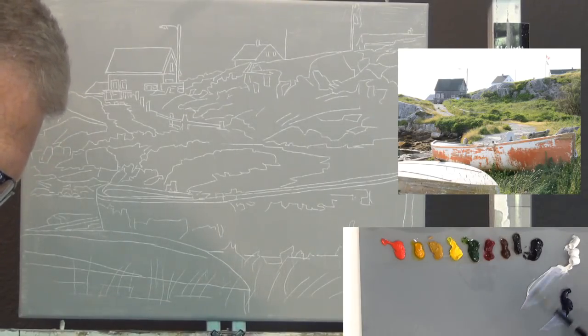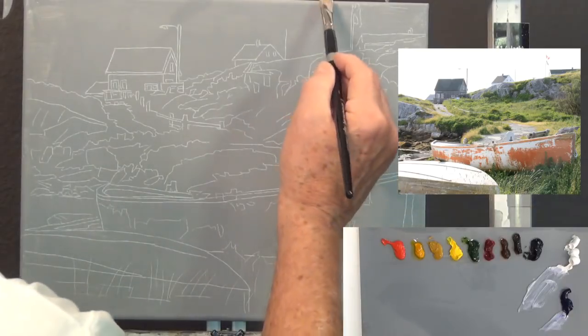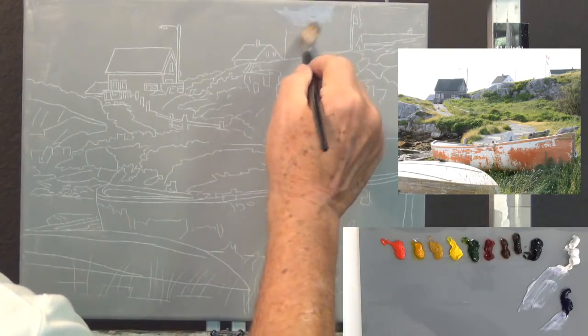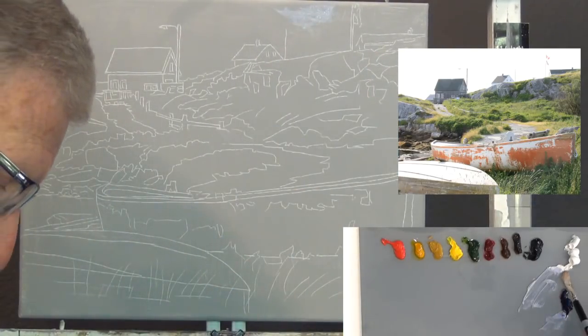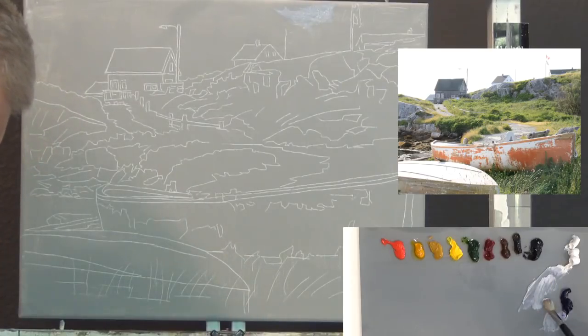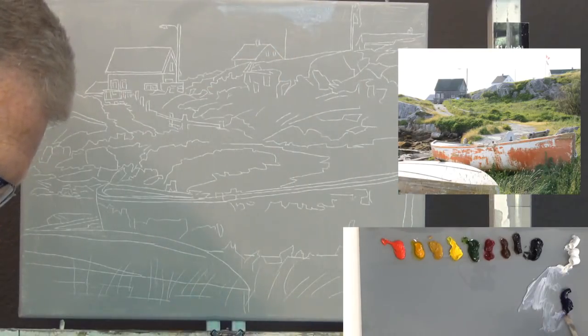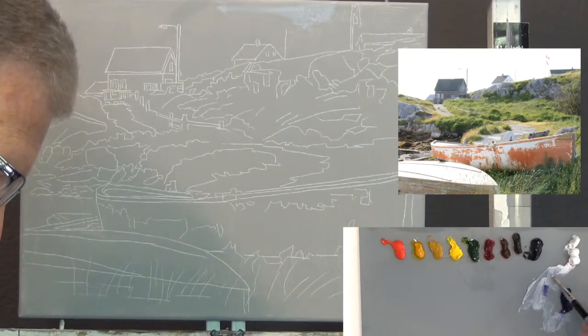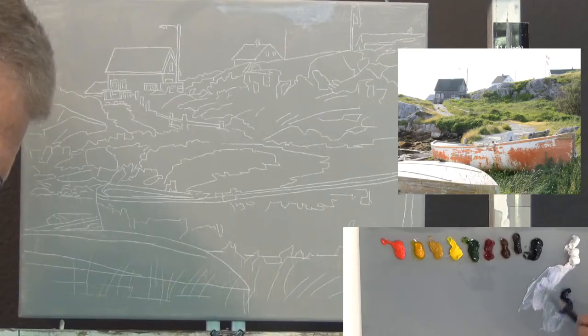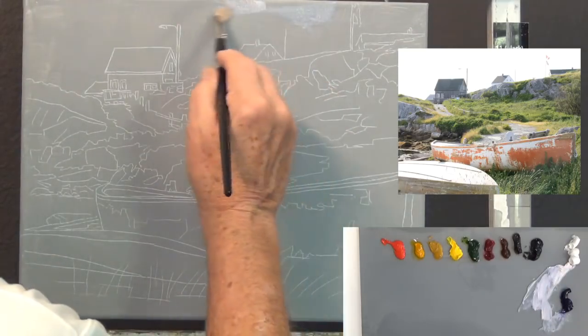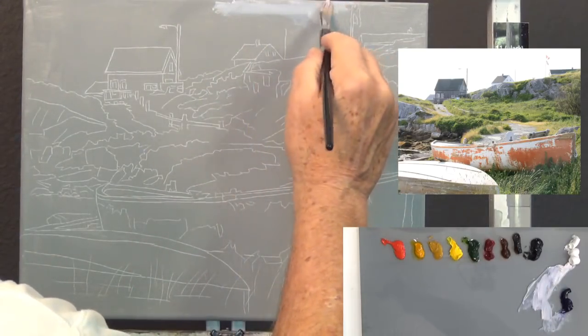I want to give it a little bit of color, so I'm going to start up here with a little bit of this violet and white with a little bit of the liquid to make it flow on the canvas. When I put a little bit of liquid in the paint, it really loosens it up and covers a lot of the canvas a lot faster.